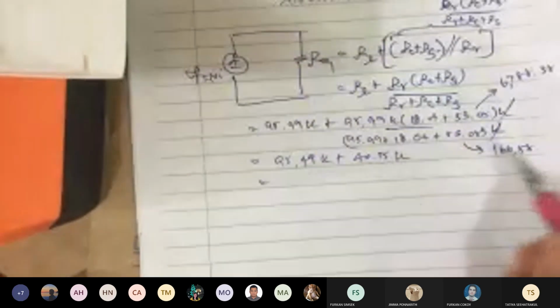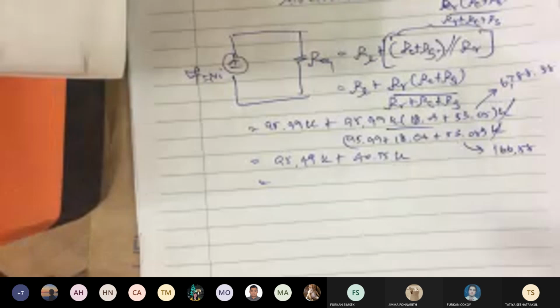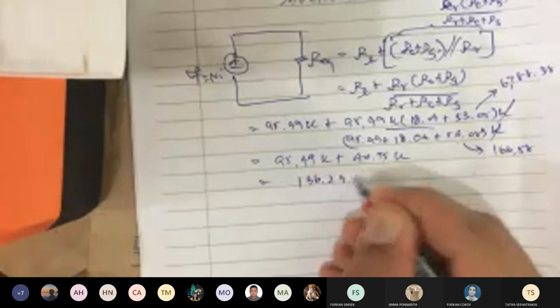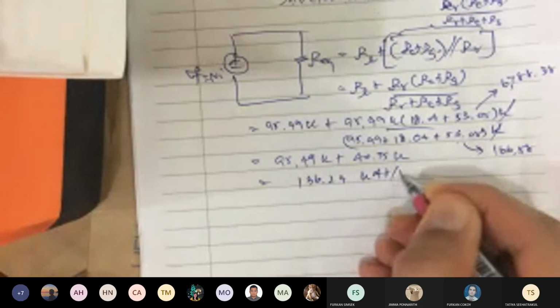I'm not sure. Again, I'll come back and recheck these numbers. 136.24 kiloamperes turn per Weber.